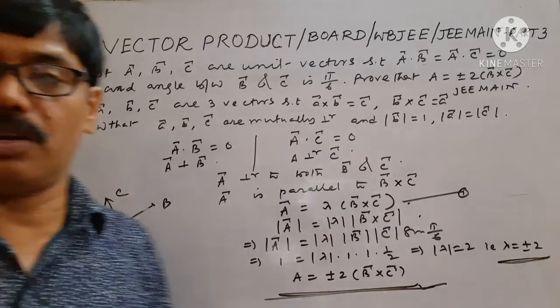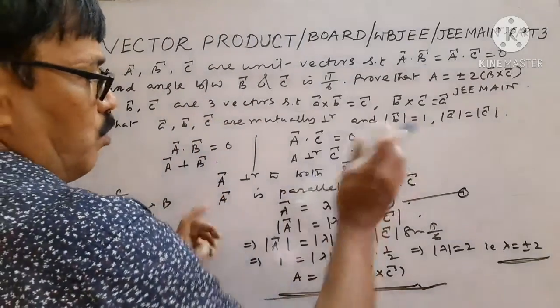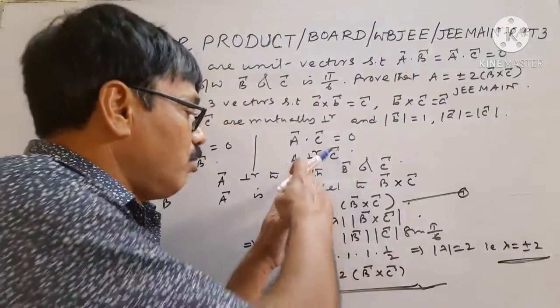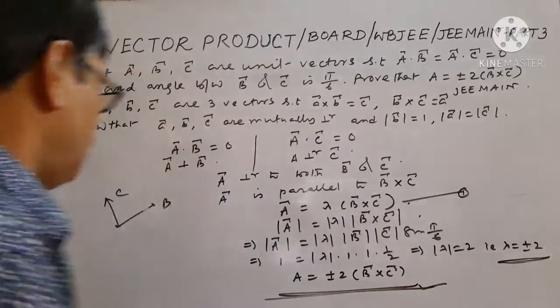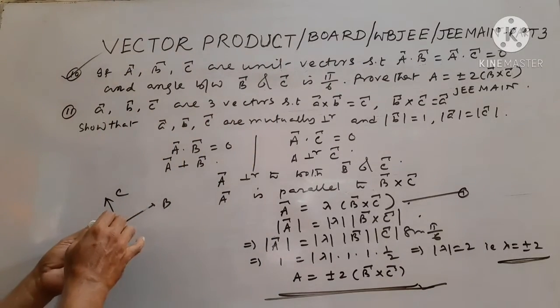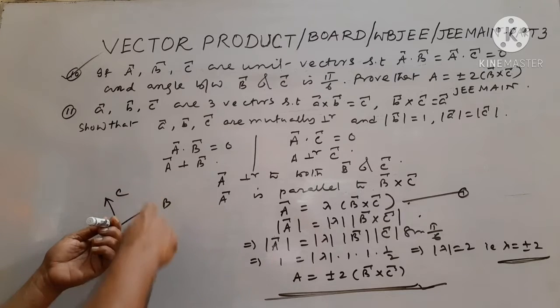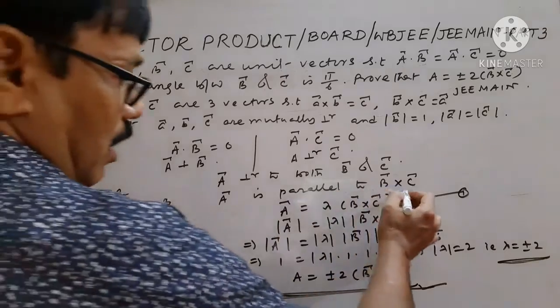Now look at it again. A is perpendicular to both B and C. This is obvious. Now the vector perpendicular to both B and C is B cross C. So A and B cross C are parallel.